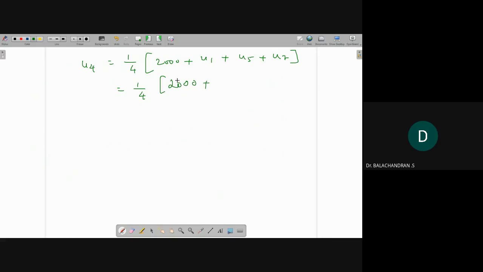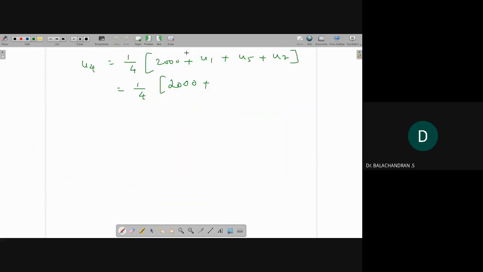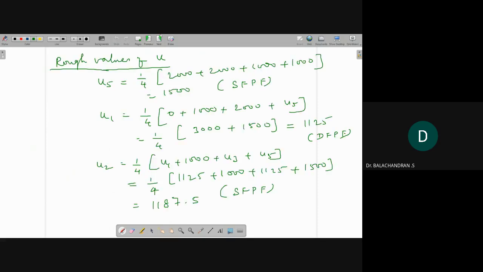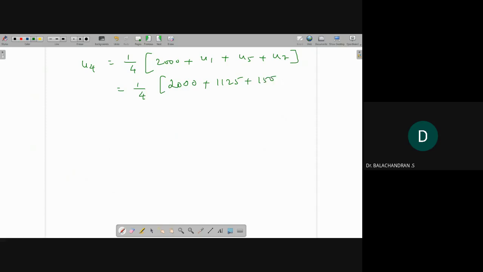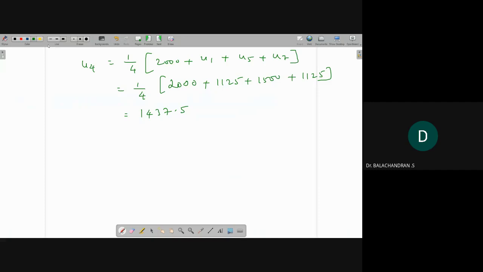I think U1 equal to U7. What is U1? 1125. U5 is 1,500, plus U7 is again 1125. The final answer for U4 is 1437.5. Okay, so this is the first iteration.